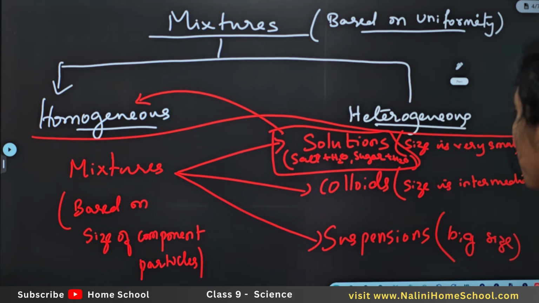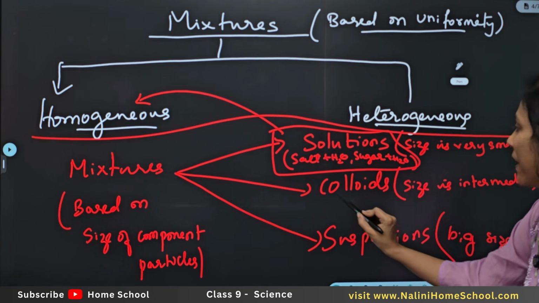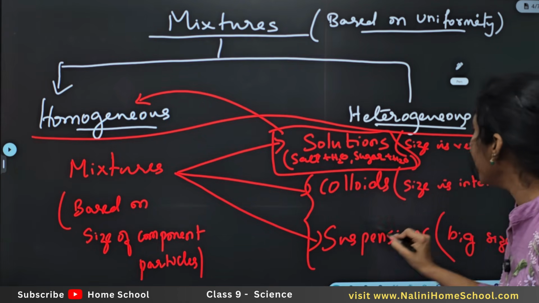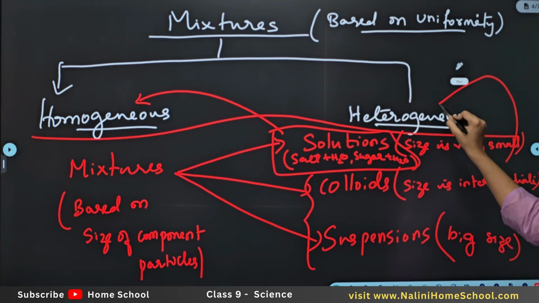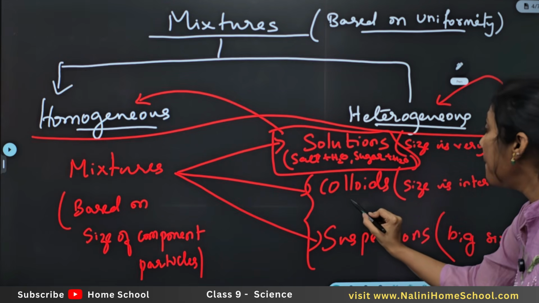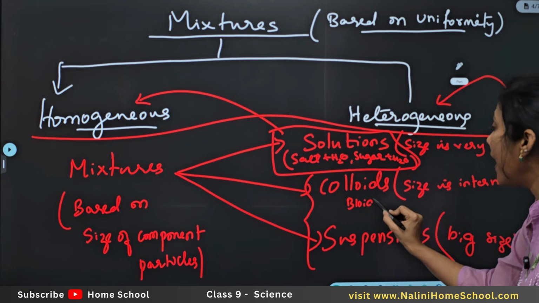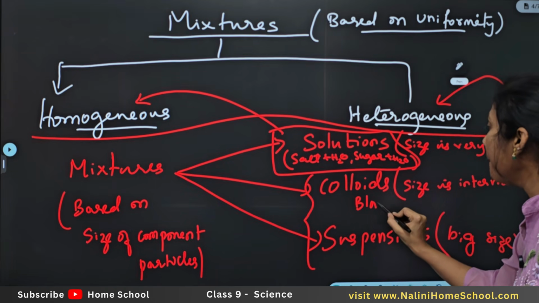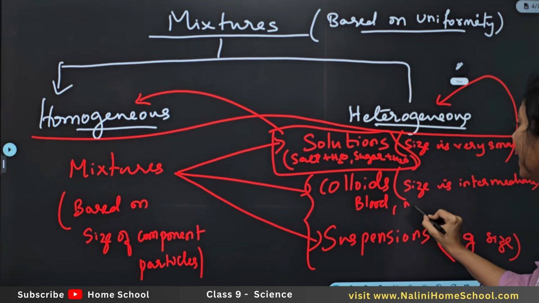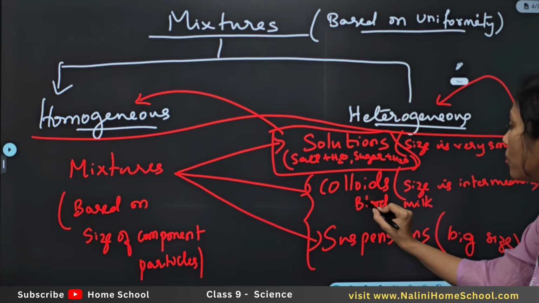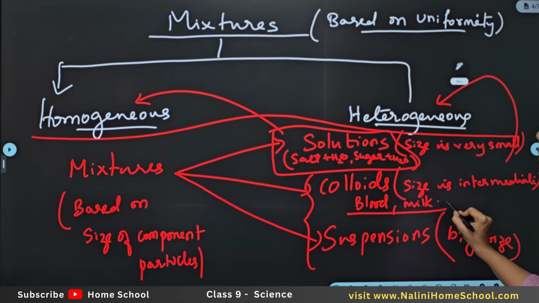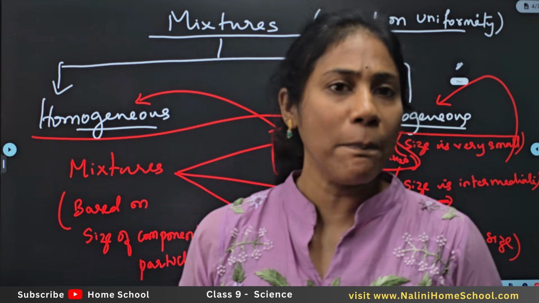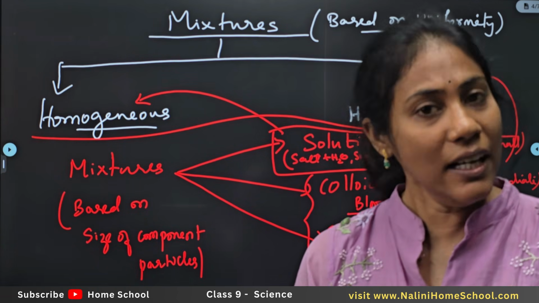Yes. So now colloids and suspensions. Both colloids and suspensions will come under heterogeneous. Blood is an example for colloidal, the human blood is the best example for colloidal solution. Even milk is an example for colloidal solution. These colloidal mixtures will have very different properties. All of that we will see in the chapter.